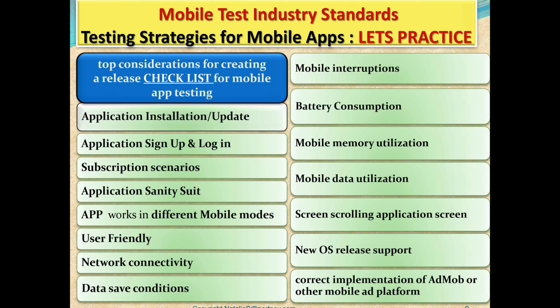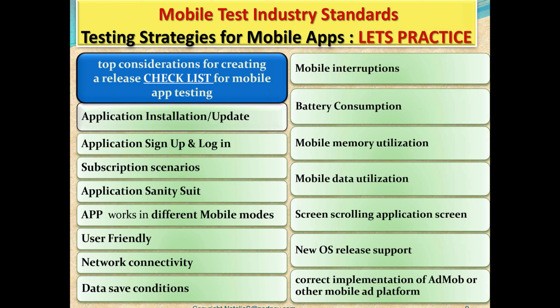So we need to check that the application does not drain mobile battery unnecessarily under the following conditions. There are several conditions. Active screen: running an application when the mobile screen is active, and check how much battery our application consumes. Testers can also run the application in background and check battery consumption.